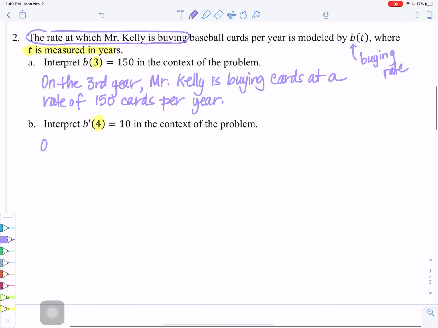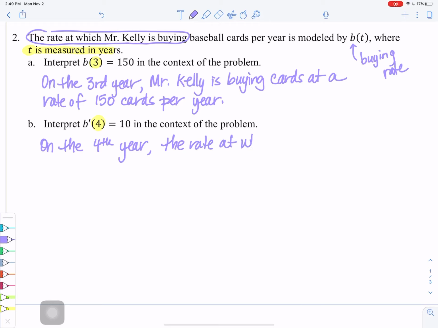So on the fourth year, now let's think about this. The rate at which Mr. Kelly is buying baseball cards, so it's a rate of buying, is increasing.